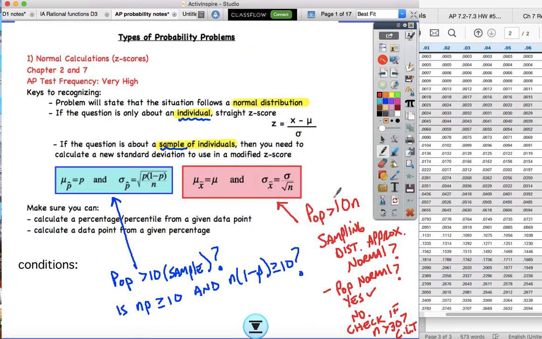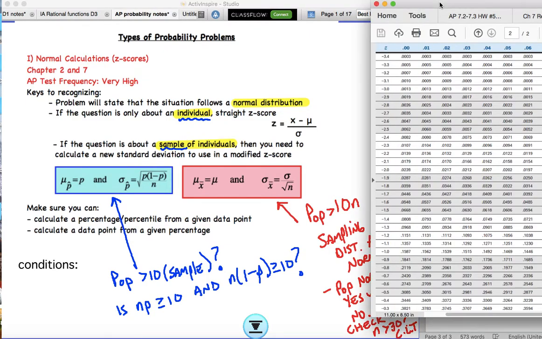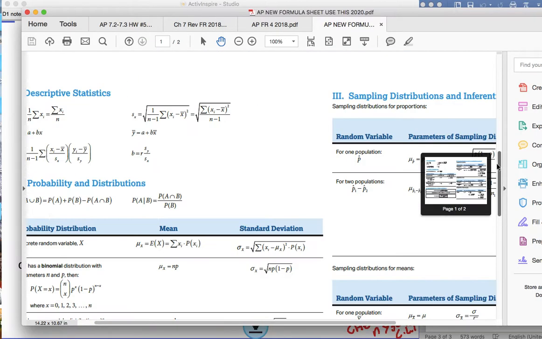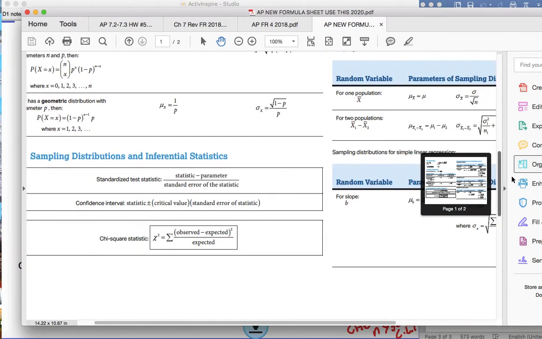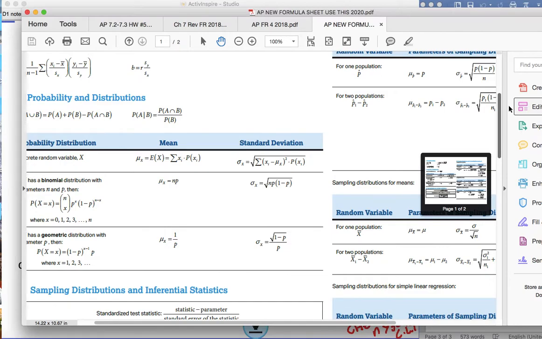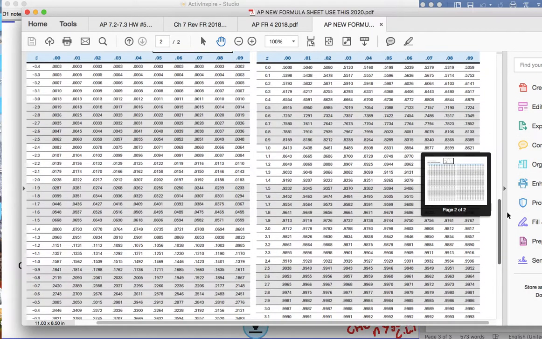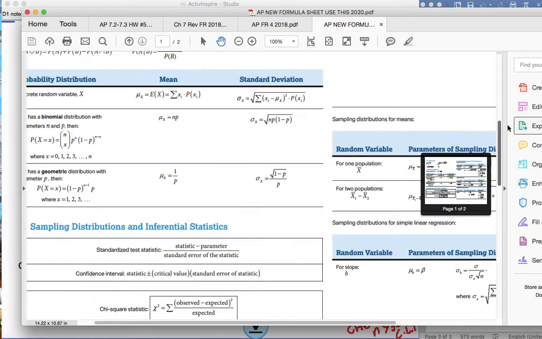So hopefully, if you're taking the AP test, you're writing down formulas that are important and you've got a formula page started. You can certainly use the formula page that we've been using all year long. You have access to this. I would find that and print it out. I have it on our PowerSchool page because you also are going to want access to the z-score chart.